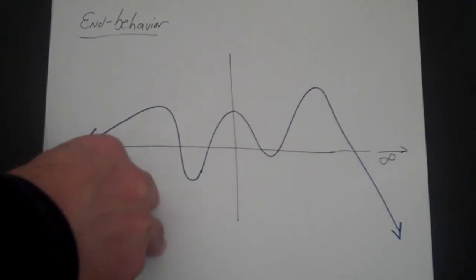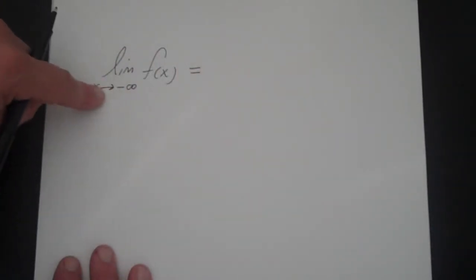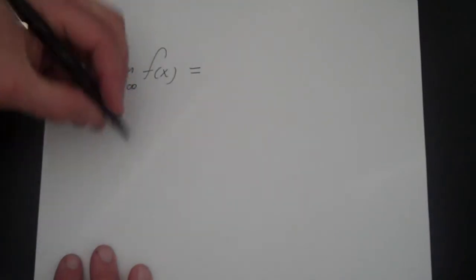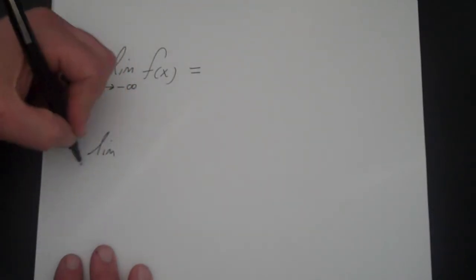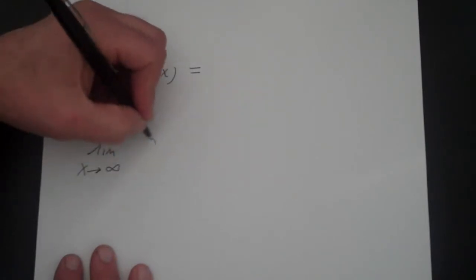End behavior with exponential functions is actually very easy. The way that we set up the problem is we write the limit of f of x as x goes to minus infinity, which tells what happens when x is very, very negative and large, and then the limit as x goes to positive infinity of f of x.